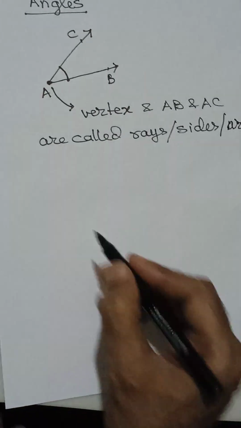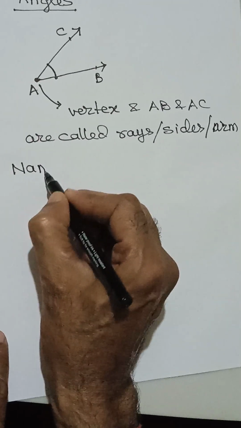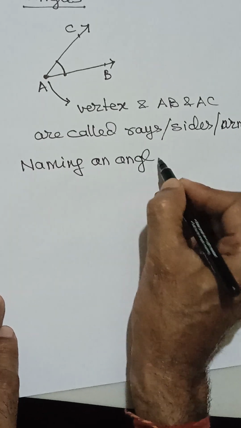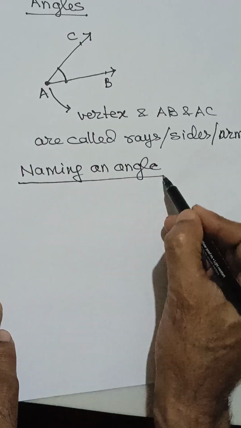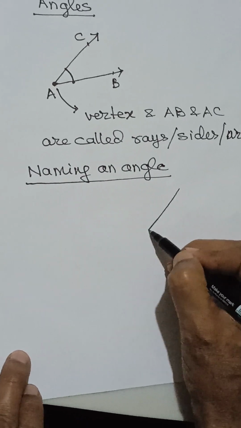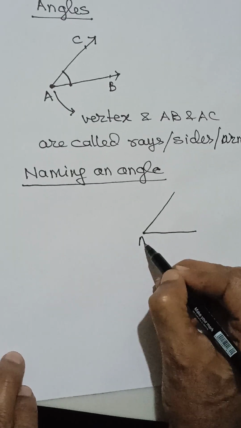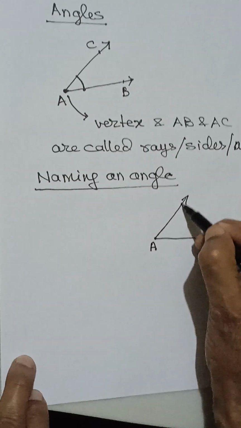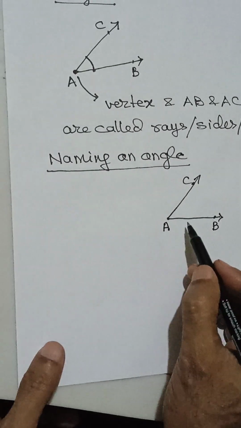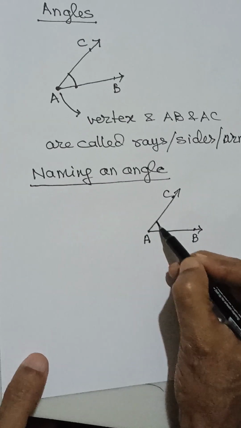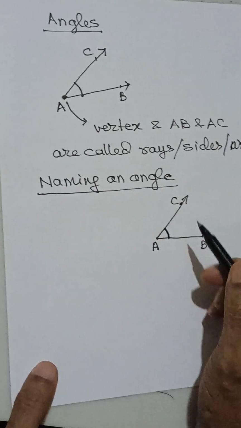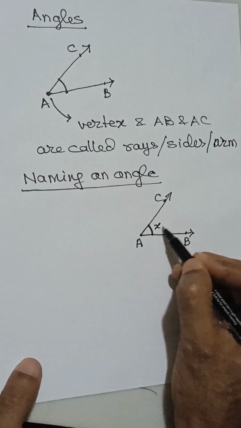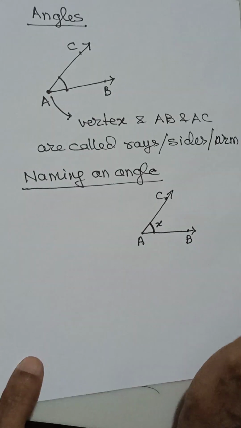Now we will learn naming an angle. Suppose there is a single angle here. Here it's the vertex A, here it is B, and here it is C. Where only one angle is formed, sometimes we give a short name like X or theta or alpha, and so on.